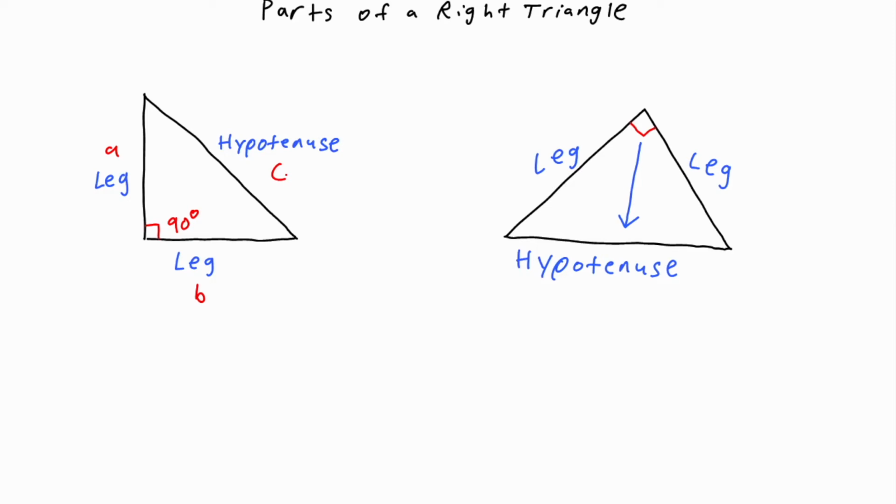It doesn't matter which one's A or which one's B, but it does matter which one's C. And then again over here, we've got A, B, and C. And the Pythagorean theorem is this: a squared plus b squared equals c squared. So one leg squared plus the other leg squared equals the hypotenuse squared. So we're going to be using this quite a lot when solving for missing sides of a right triangle.